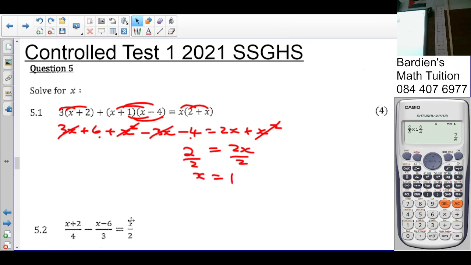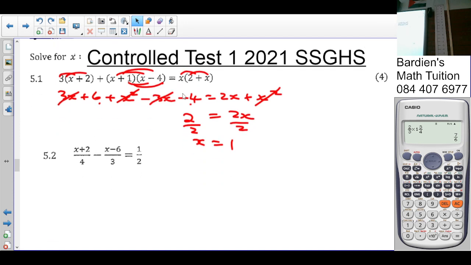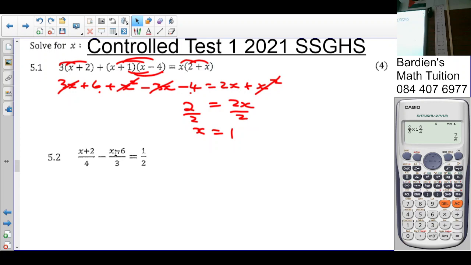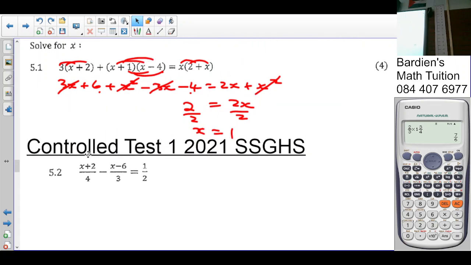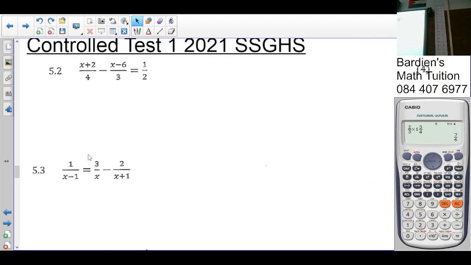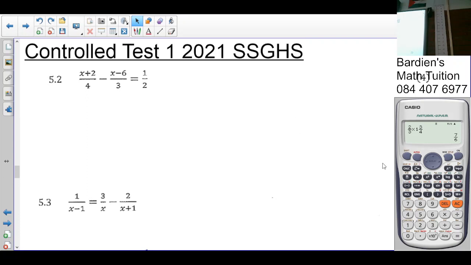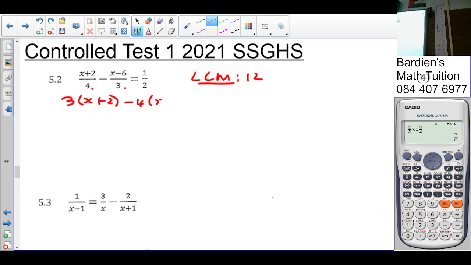Okay, is that correct? Alright, let's look at the next one. What's your LCM here? LCM is 12. 3 times this by 3. Let's 3 times by 4.